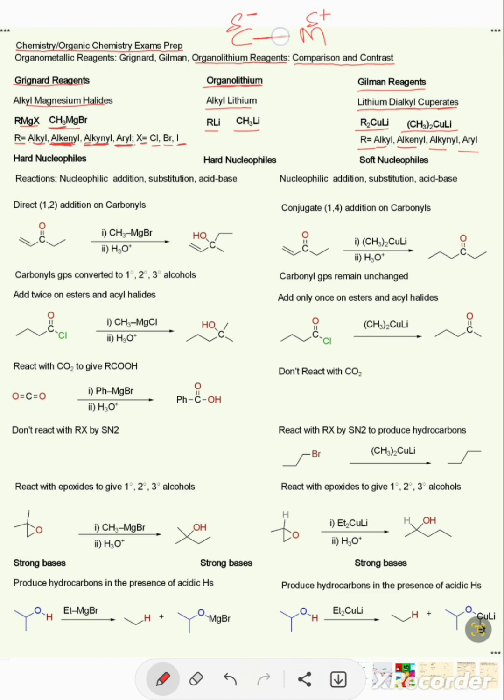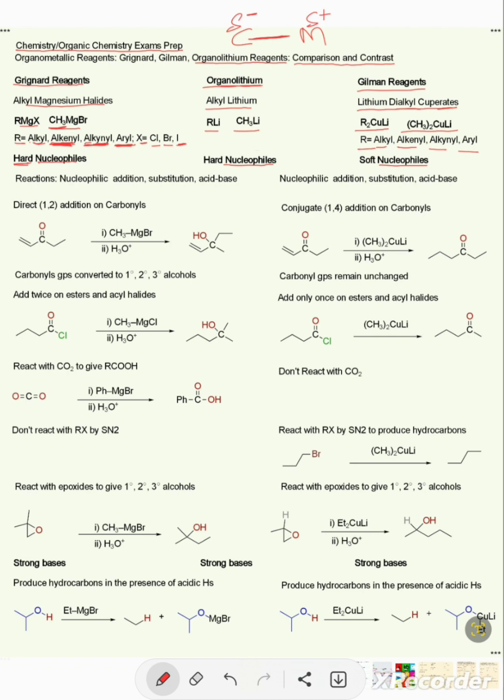And that is the reason that all of these organometallic compounds are nucleophilic in nature. So all are nucleophiles, but there are some differences between them. The Grignard reagents are called hard nucleophiles. Hard means here more reactive, or it means more stable.